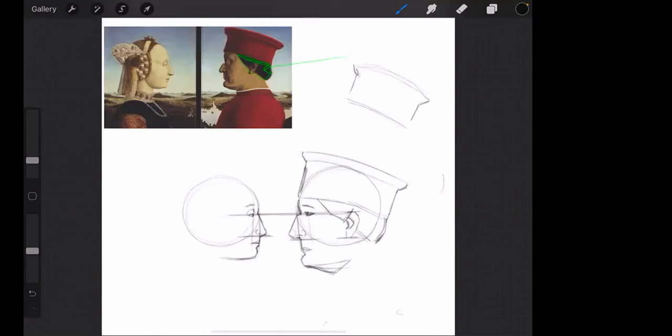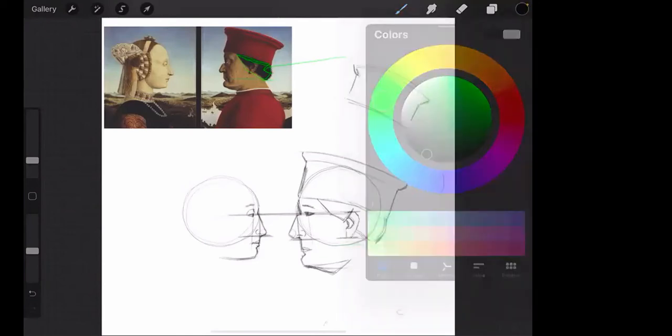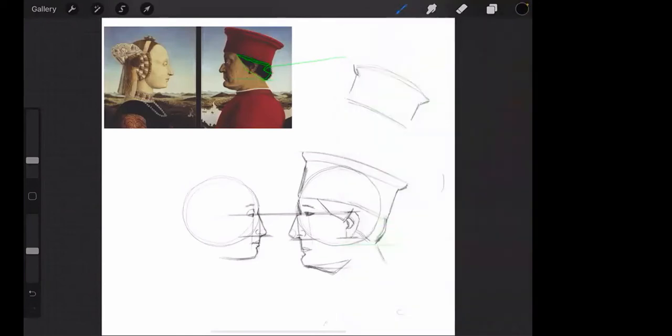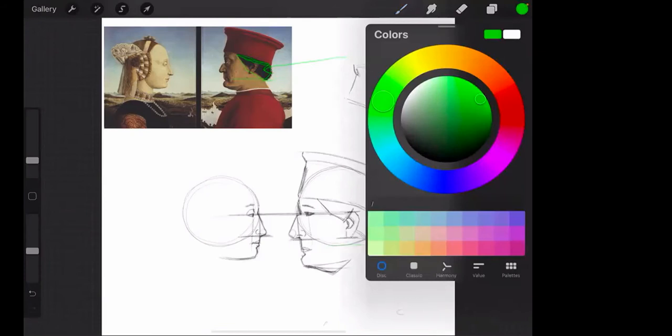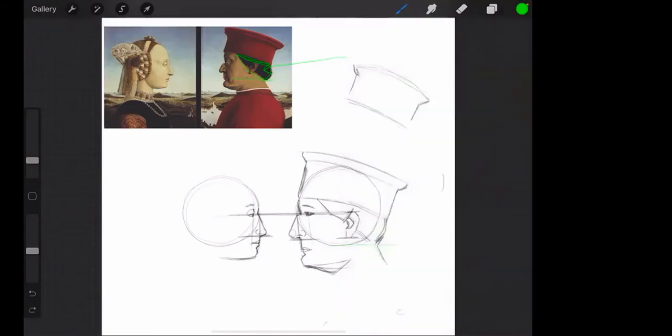And the neck. So the neck meets the mouth line. So you can use a vertical and horizontal guideline. And you can use vertical guideline.